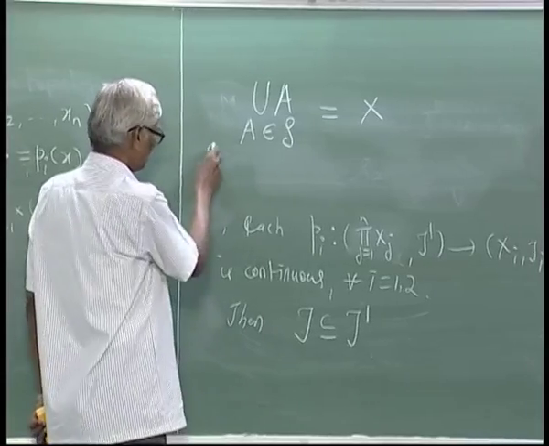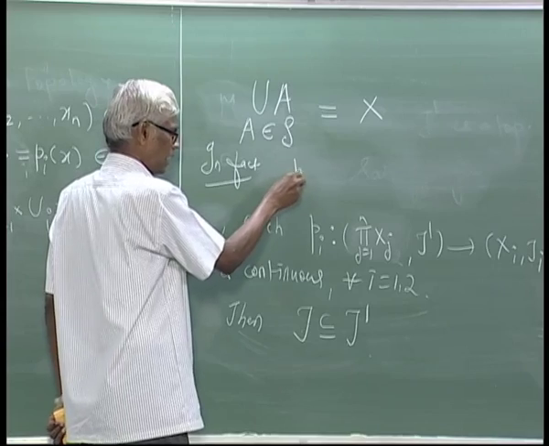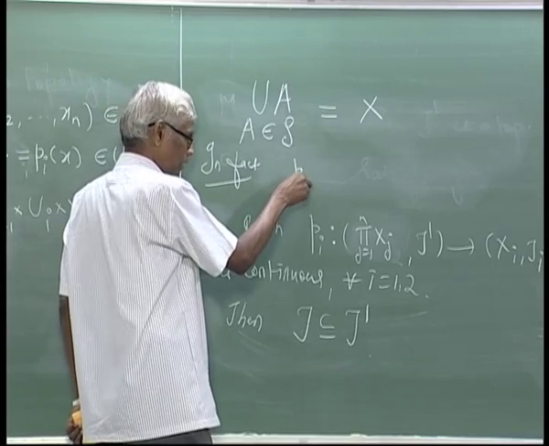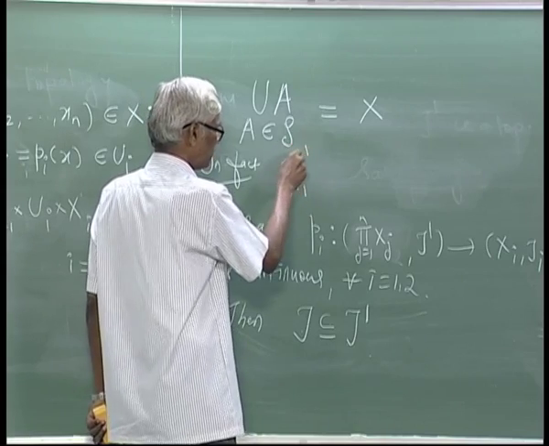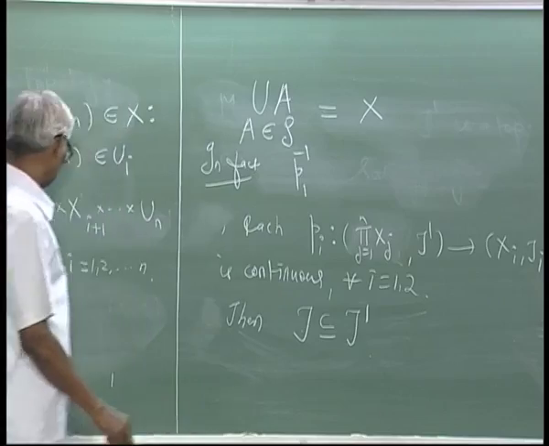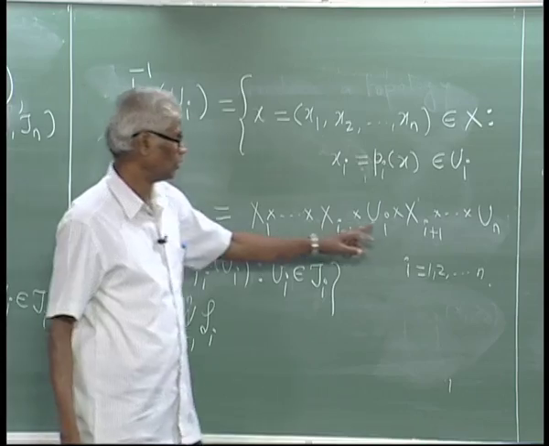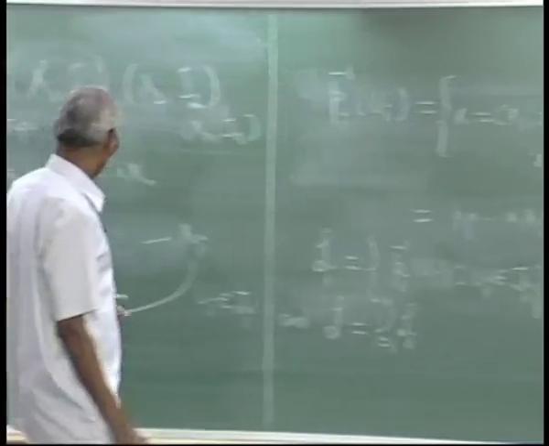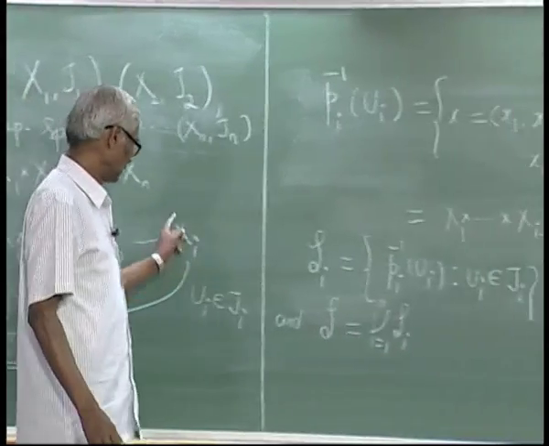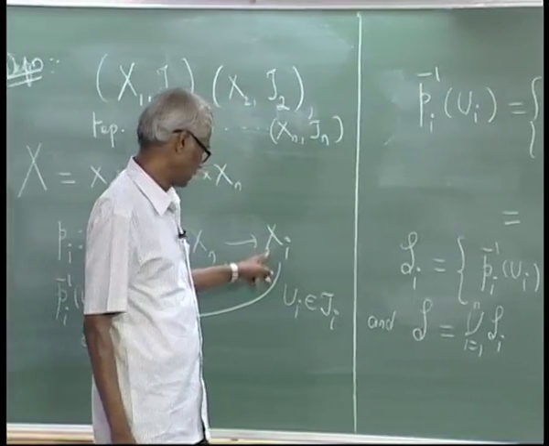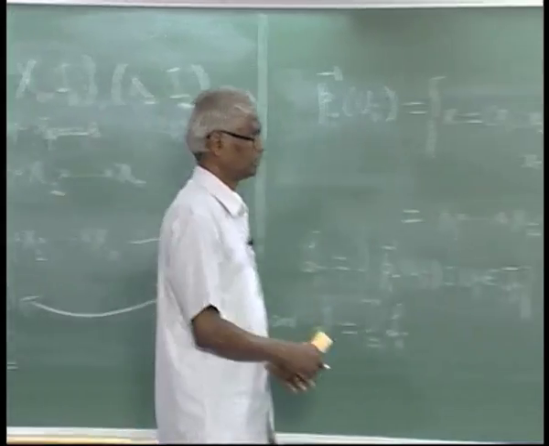In fact, what will happen? Take any i, or in particular take P1. P1 inverse is a function from this Cartesian product x1 cross x2 cross ... cross xn to x1, where i is 1. Then take an open set Ui belonging to tau_i, in particular the whole space Xi.